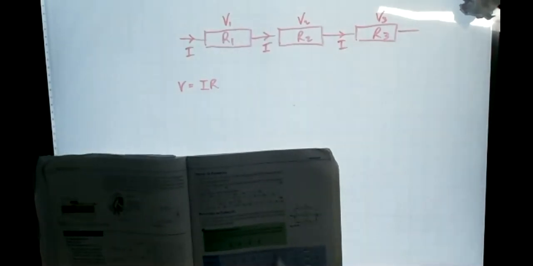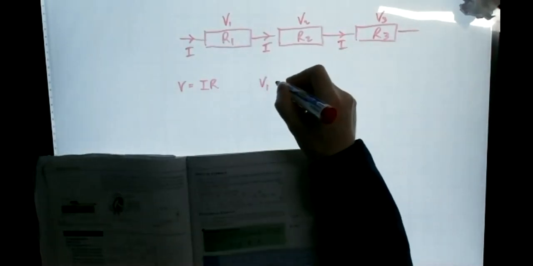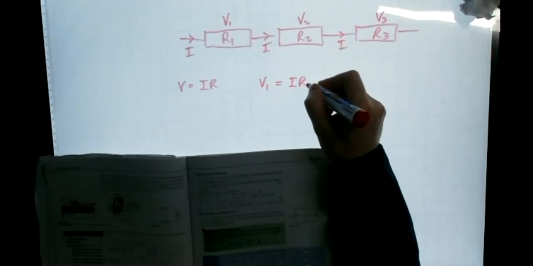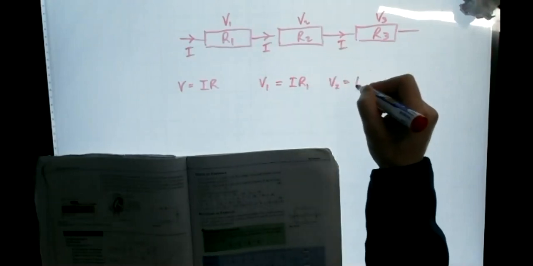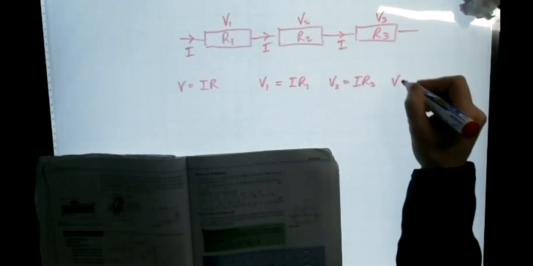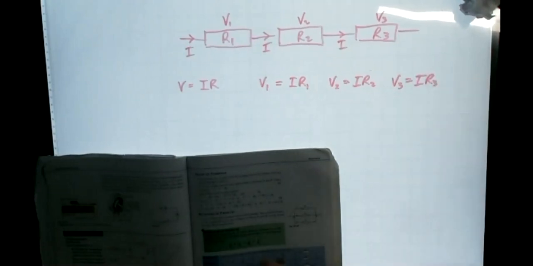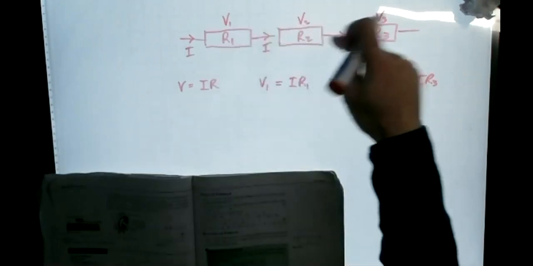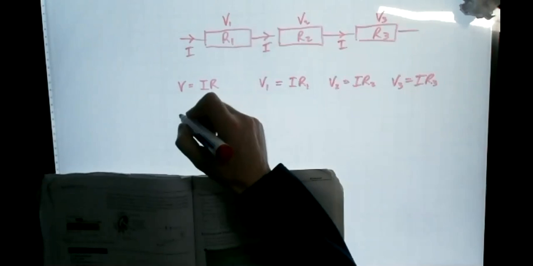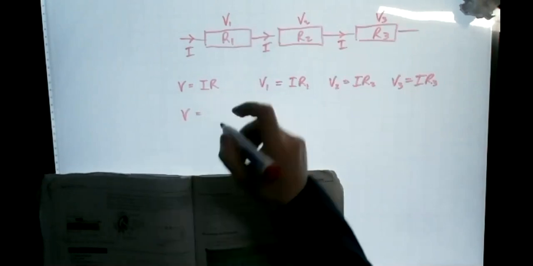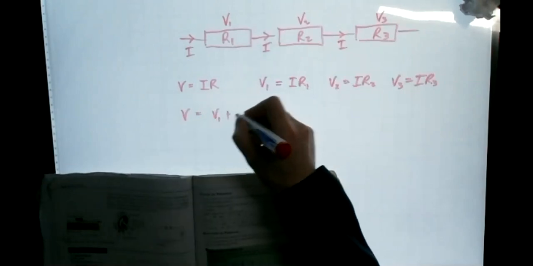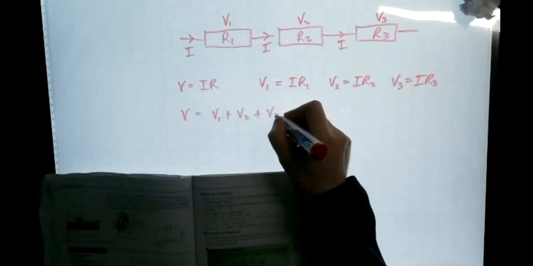So V1 equals I times R1, V2 equals I times R2, and V3 equals I times R3. Now the three voltages are connected in series, so V equals V1 plus V2 plus V3.